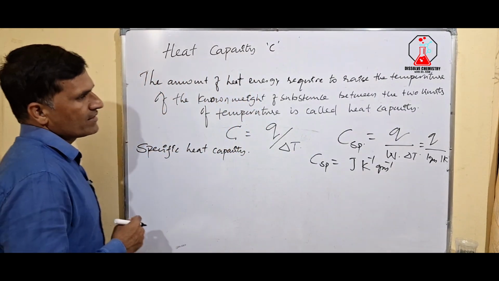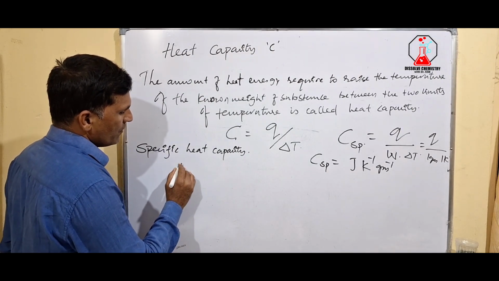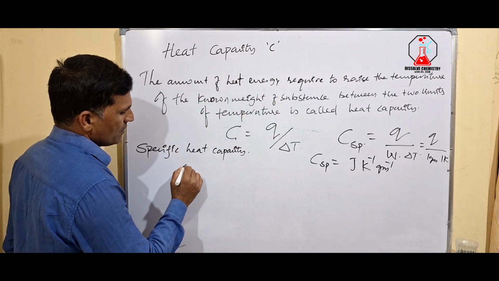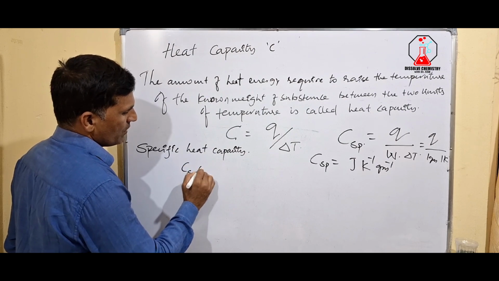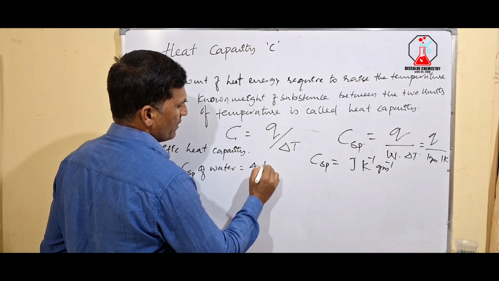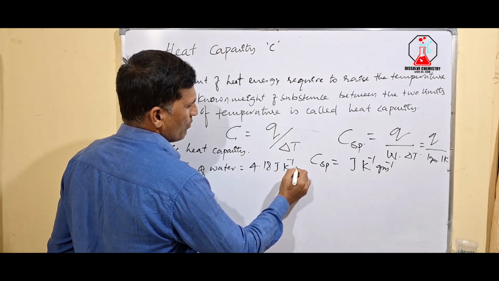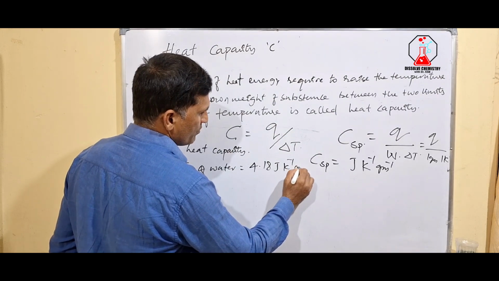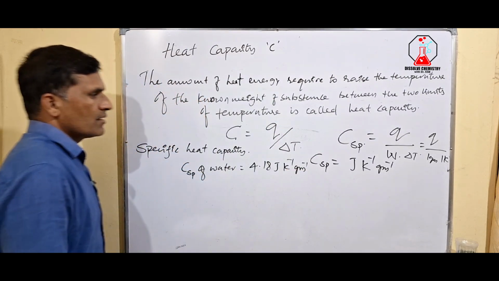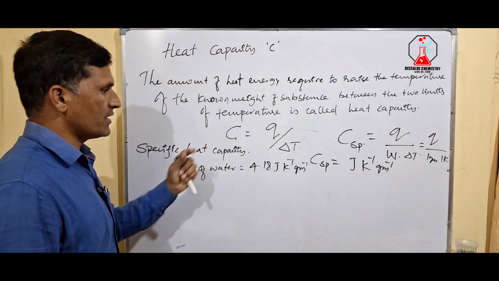Now we will see one example. We will take the specific heat capacity of water, say for example, it is 4.18 joule per Kelvin per gram. Okay, now from this also we can confirm that heat capacity is an extensive property.